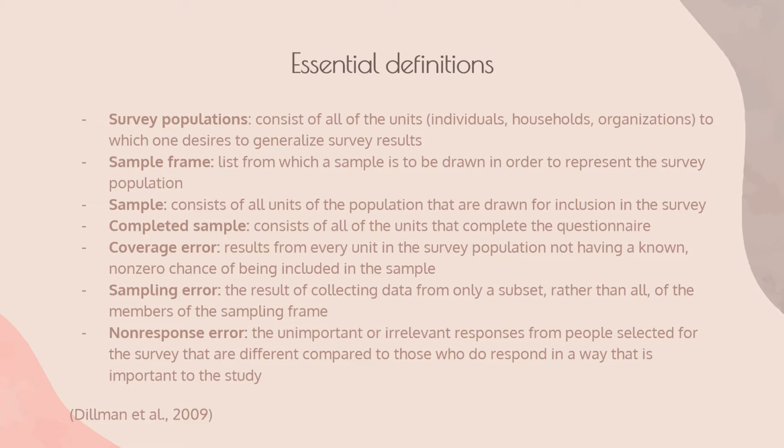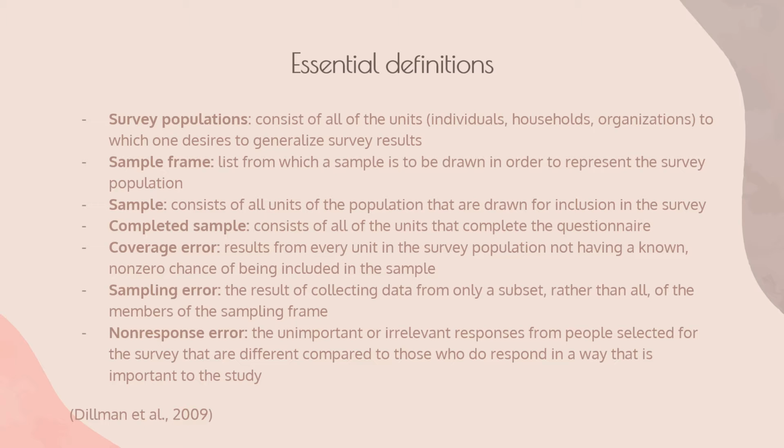These following terms are essential to understand when evaluating and developing surveys. Survey populations consist of all the units, individuals, households, organizations to which one desires to generalize survey results. The sample frame is the list from which a sample is to be drawn in order to represent the survey population.